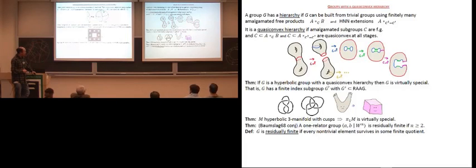Right? Another consequence was that a one-related group with torsion, meaning that the relator is a proper power, is residually finite, which means that every non-trivial element survives in a finite quotient. Okay, it's not at all clear that these two are related to each other, but they're very closely related because in both cases, the groups have hierarchies or have subgroups of finite index with hierarchies.